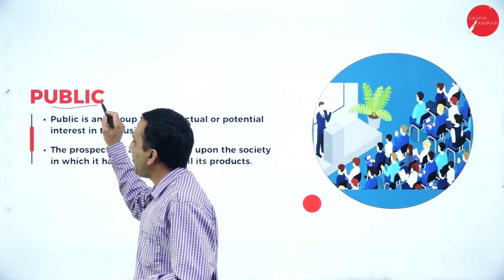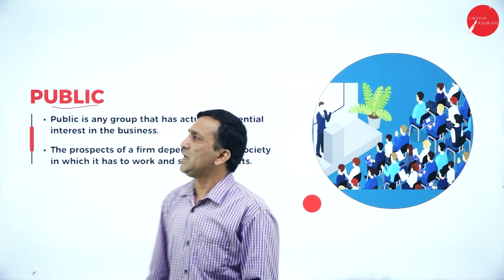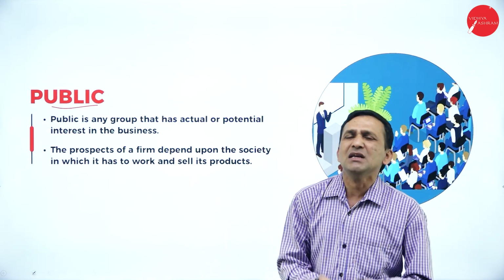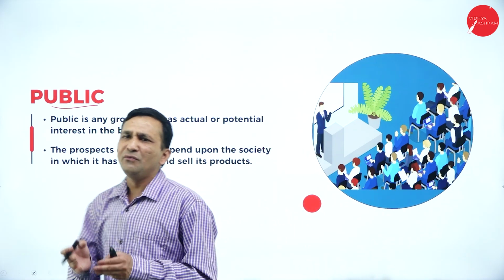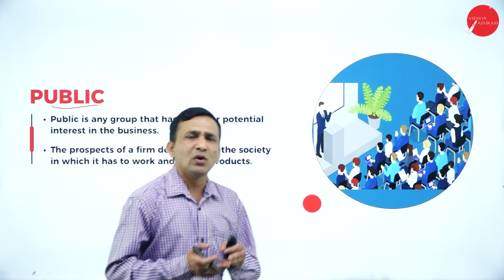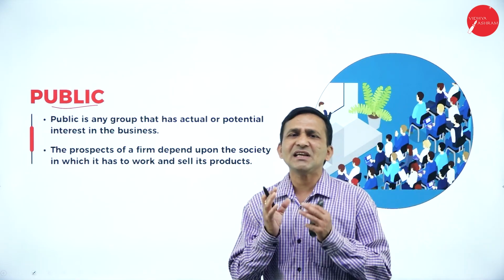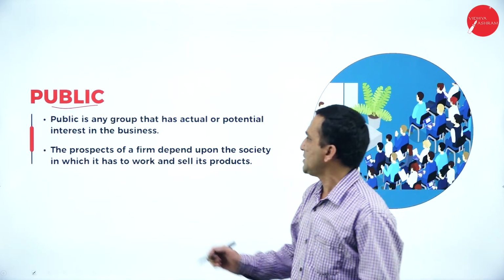Now again, the public, which also comes under the external environmental factors. For the public, you can say it is the general public. Media also you can take, how the media influences your business, how you are creating awareness, how you are promoting, how you are creating awareness about the product and service you are offering to the customers.